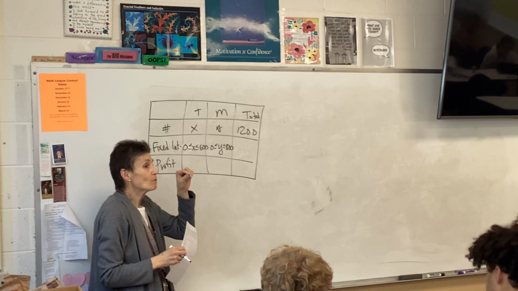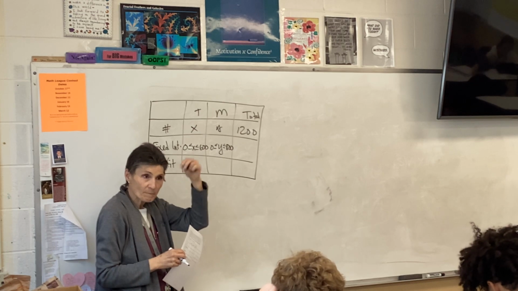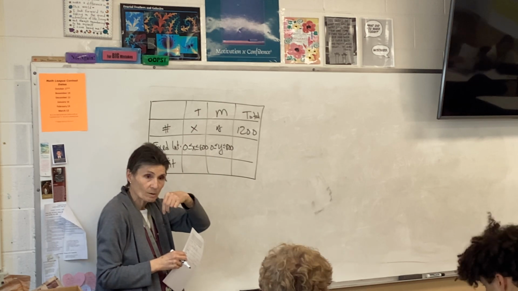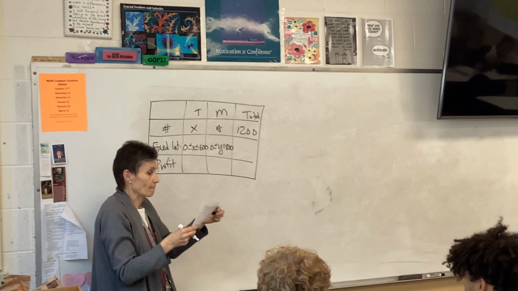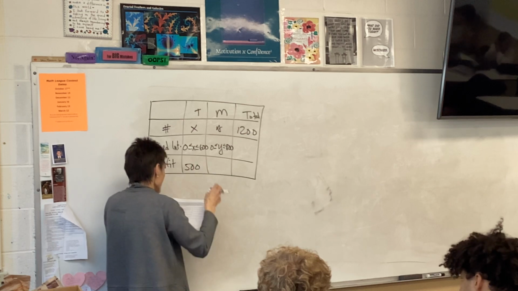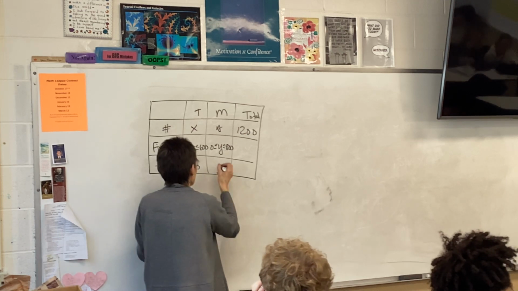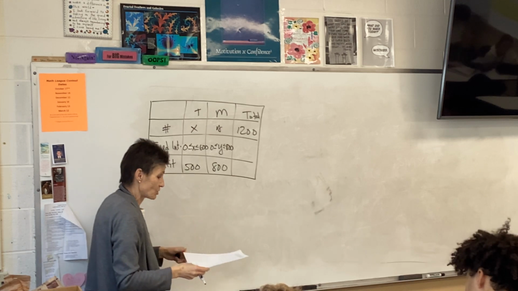So however many Mustangs I decide to make, it has to be bigger than or equal to 0, less than or equal to 800 in that interval. Profit on Topaz is 500, profit on Mustang is 800. Find the optimum number of each car.